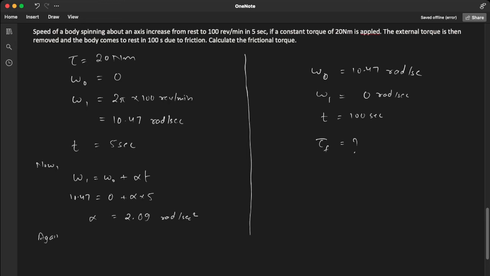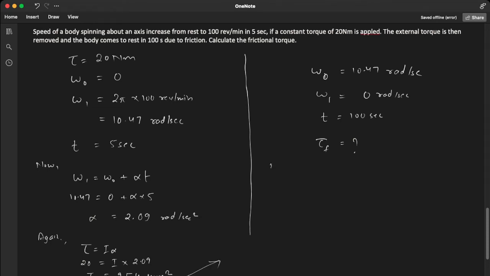Again, we need to also calculate the moment of inertia of the spinning body. So for that, torque is equal to I alpha. So 20 is equal to I into 2.09. So I will be given as 9.54 kg meter square. This moment of inertia can be used in the second part.